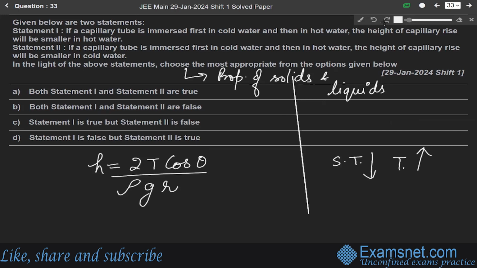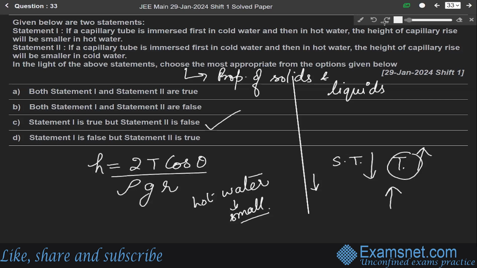So when it is hot water, meaning when temperature increases, the height of capillary rise will be small as compared to that of the cold water. So the correct option is option C, that is statement 1 is true and statement 2 is false.